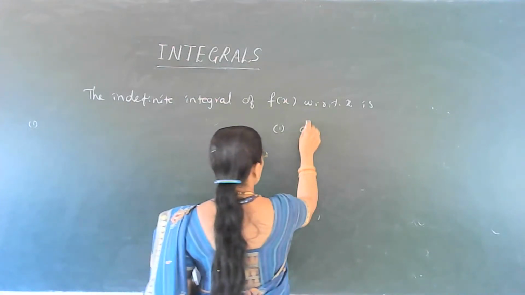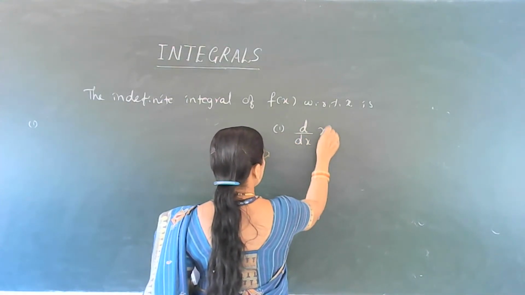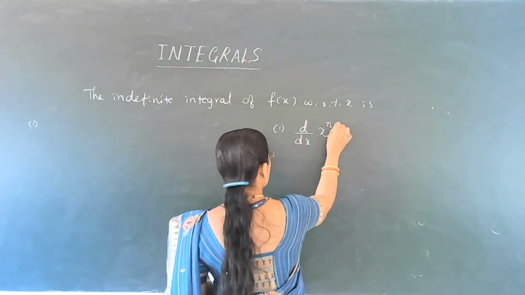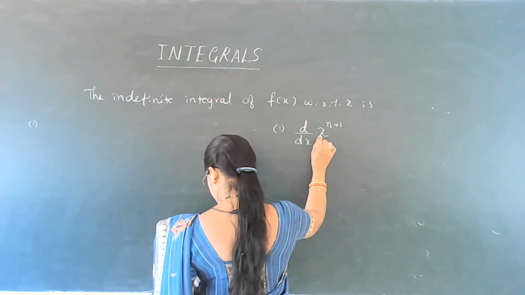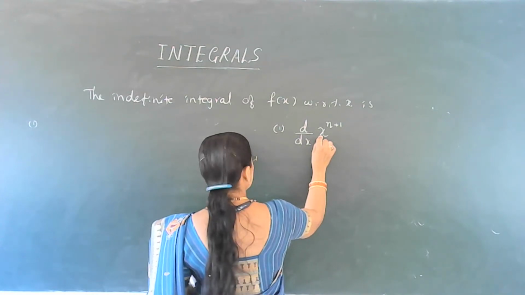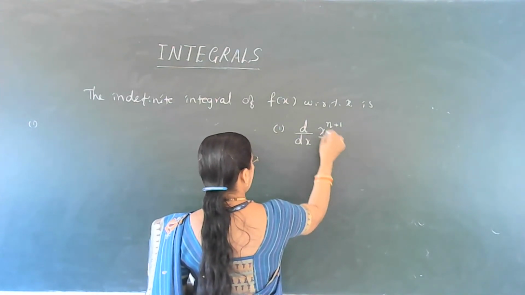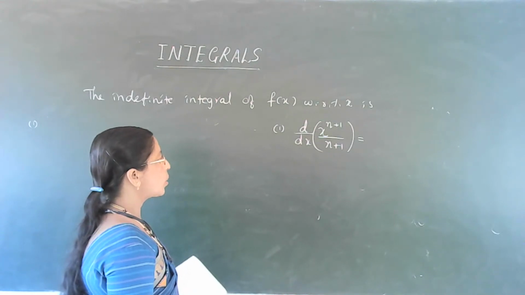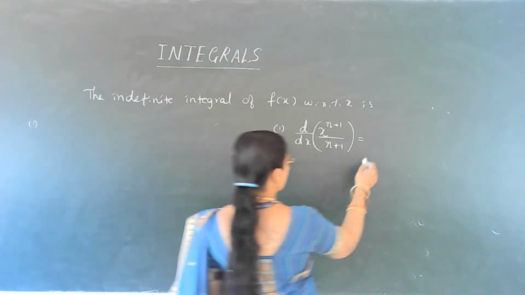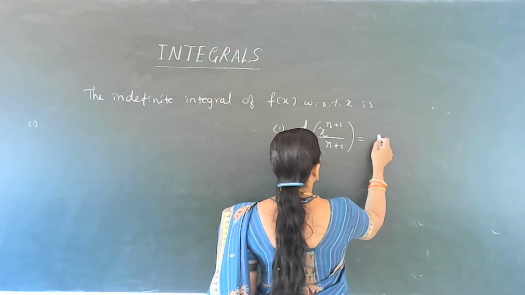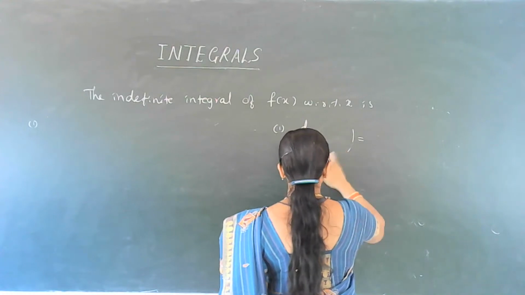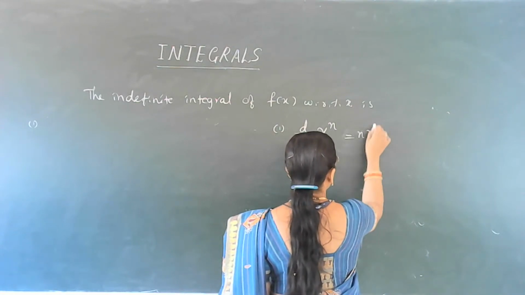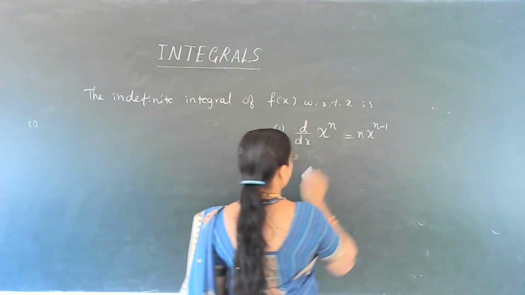First, d by dx of x to the power n plus 1 divided by n plus 1, which is equal to x to the power n.